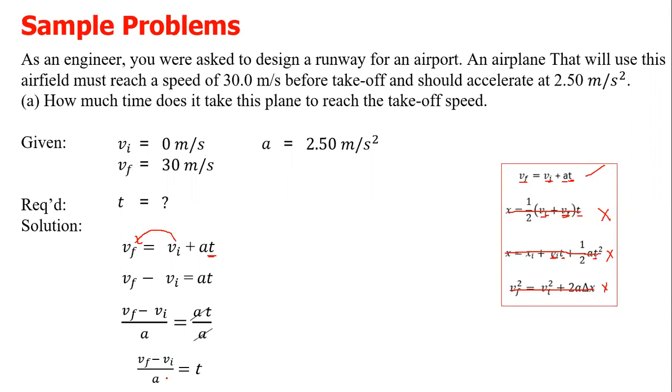Next, plug in the values. So that is 30 meter per second, which is your final velocity, minus 0 meter per second, which is your initial velocity, divided by your acceleration, which is 2.50 meter per second squared. So your time is equal to 12 seconds.